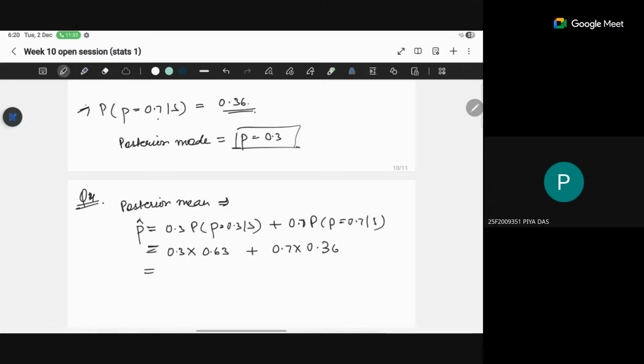What is this value coming out to be? 0.441. So is this example clear to everyone? Yes, ma'am. Yes or no? This question is clear?